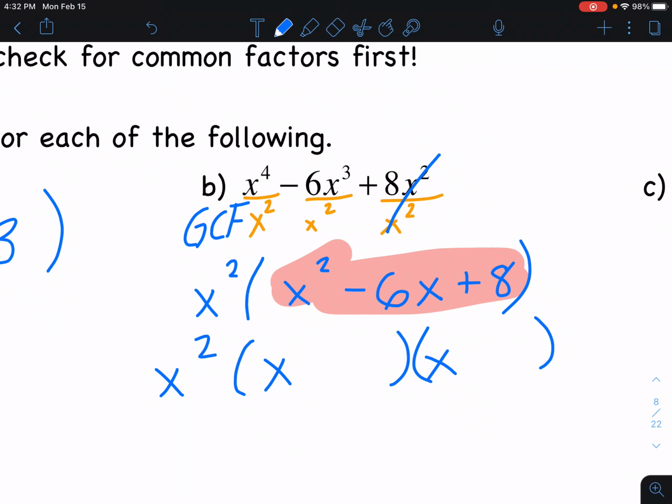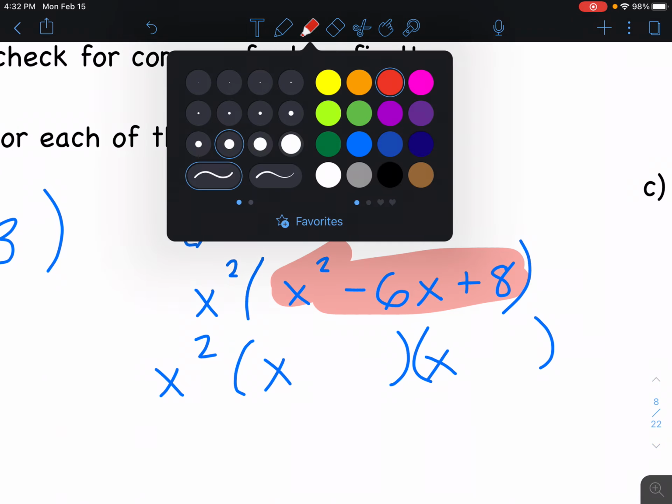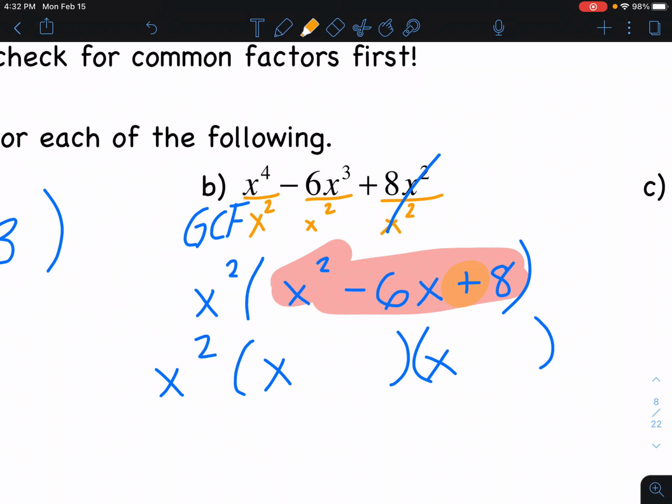When the C term is a plus, that means the signs are the same. Then I look at the B, and since the B is a minus, they're both minus, minus. So two numbers that multiply to get 8 and add up to get 6 are 2 and 4. And then you're done there.